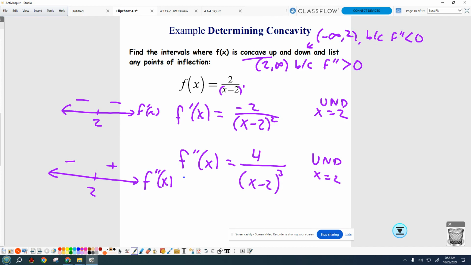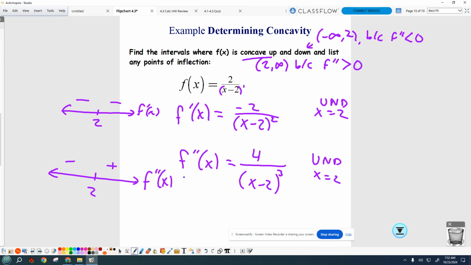Because f double prime is less than 0. However, x equals 2 is not an inflection point. The definition is the second derivative is 0 or undefined, and the concavity changes sign, but it's not an inflection point. Why? Because the function itself doesn't have a coordinate there.